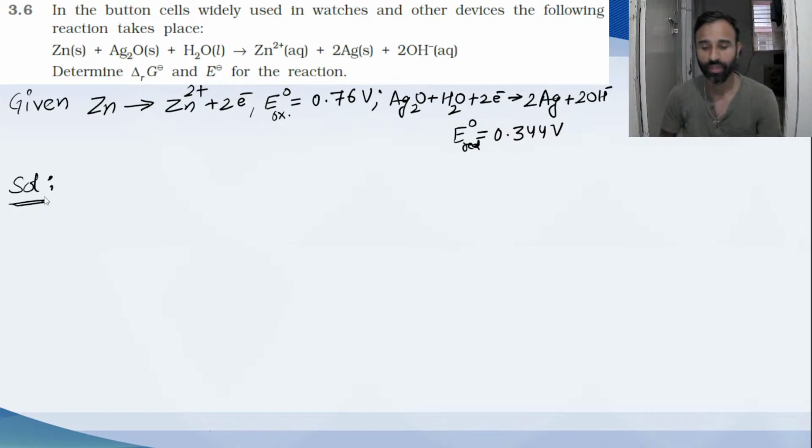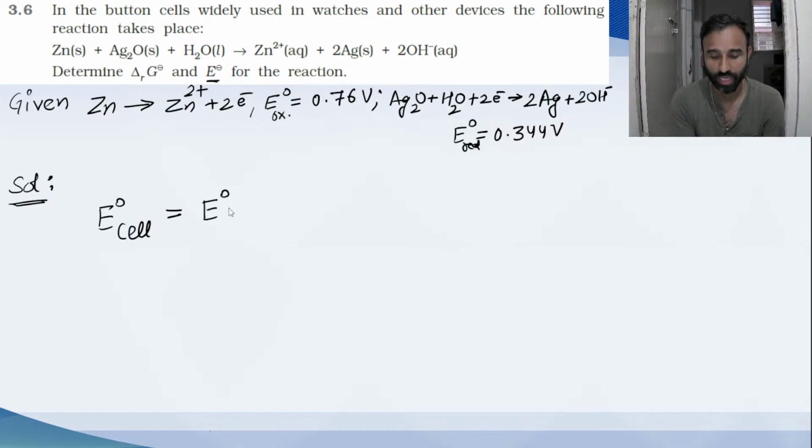First tell me, how do we calculate E° cell for the given reaction? What is the formula to calculate E° cell? E° cell is equal to E° cathode minus E° anode.